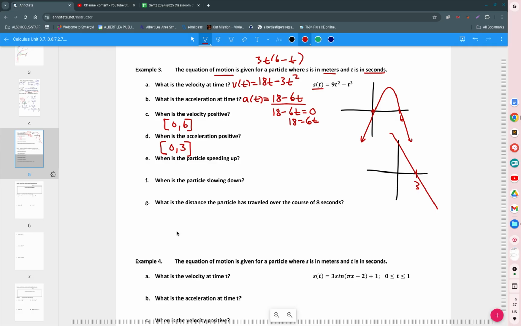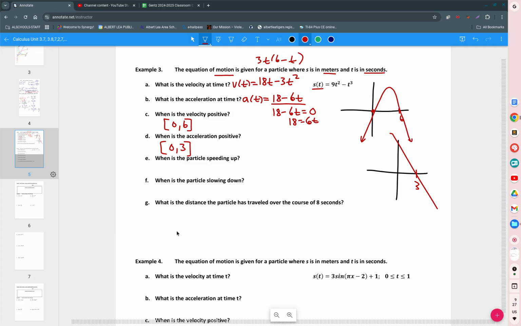Now, we want to talk about something speeding up or slowing down. So this is the new part. It's not complicated, but I need to make sure that we discuss it, okay? A particle can do really 4 different options, okay? I'm going to make a movement. You tell me, is my velocity positive or negative?